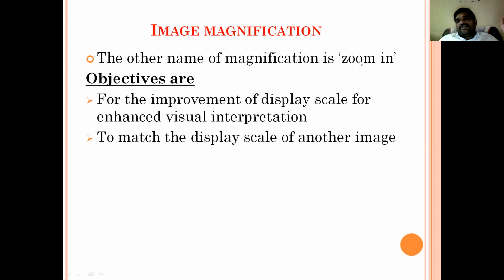Here one more word is there, image magnification. You are magnifying. You have an image on your mobile phone, and if you want to enhance one particular part, what do you do? Zoom in. And reducing means zoom out. These are the other names for image reduction and image magnification.